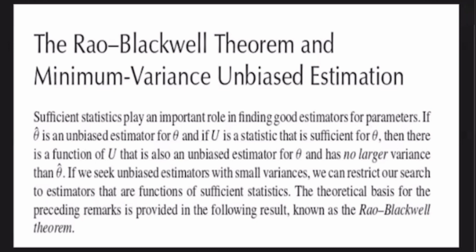That was why I told you sufficient statistics play a very important role in figuring out a good estimator for the parameter. We always want a good estimator for the parameter.